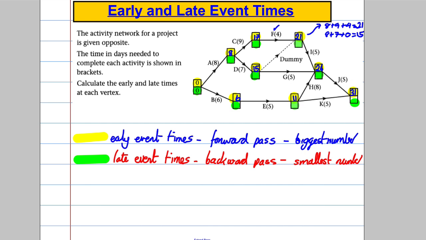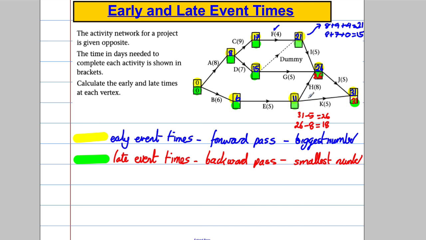Now going backwards, we write 31 in here, and we look at this one first. What's the latest time I have to leave here so as not to delay the project and get there in 31? Well, it's 31 take away 5, which is 26. What about this one here? What's the latest time I could have left here? Either it's 31 take away 5, which is 26, or it's 26 take away the 8, which is 18.